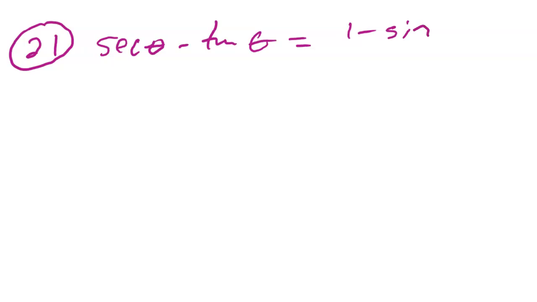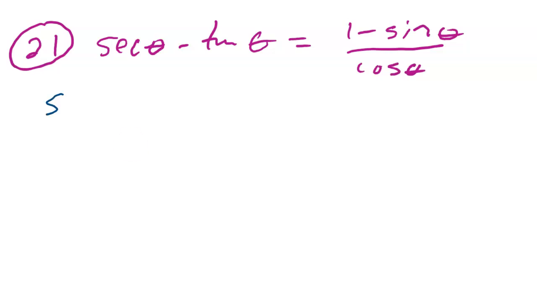All right, 21. I got secant theta minus tangent theta is equal to 1 minus sine theta over cosine of theta. Right-hand side, left-hand side. All right, secant theta.